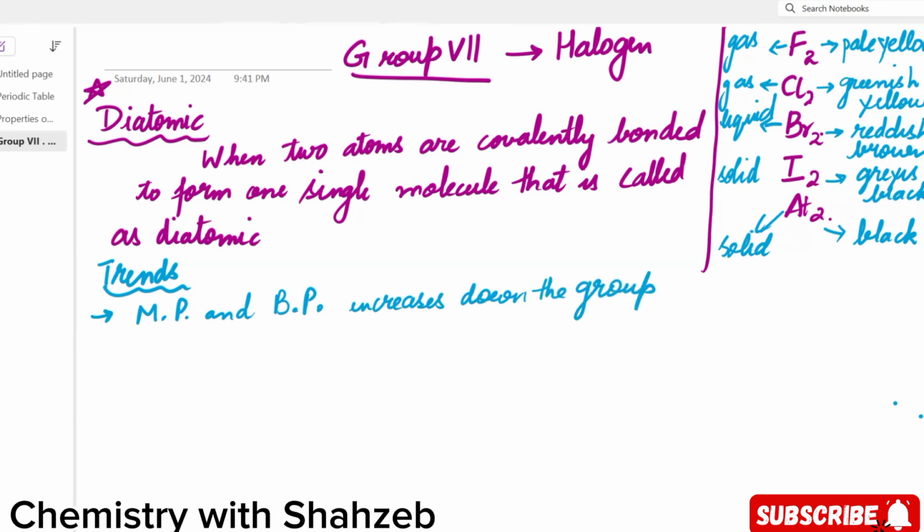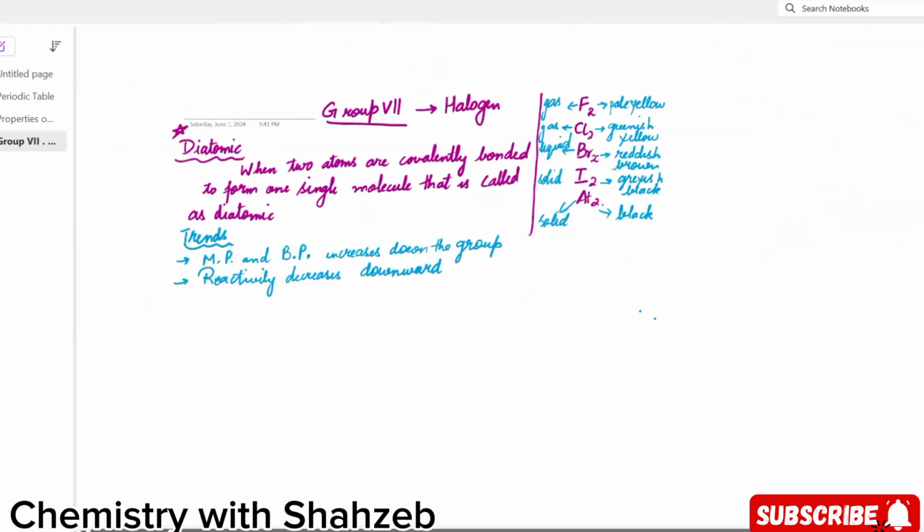Then we have reactivity, a very important thing in halogens. For example, we discussed group 1 elements, their reactivity increases downward. But here, reactivity decreases downward. And what is the reason for that? I just want to explain this.